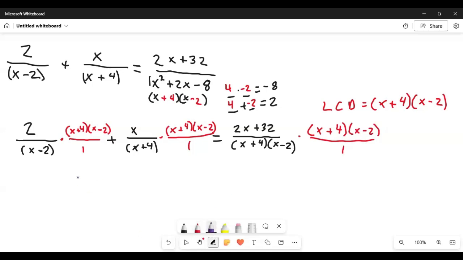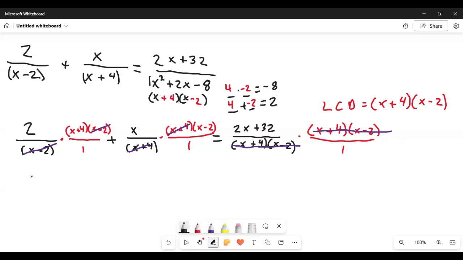If you do this step correctly, all of the fractions should cancel out. For the first multiplication, the x minus 2's cancel. For the second multiplication, the x plus 4's cancel. And for the multiplication on the other side of the equal sign, the x plus 4 and the x minus 2 cancel.